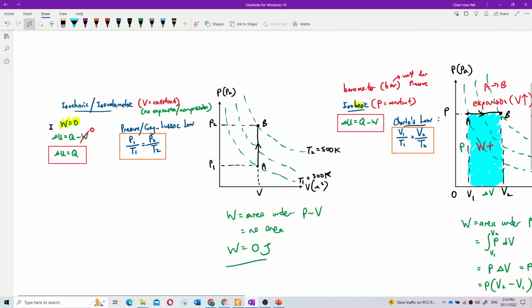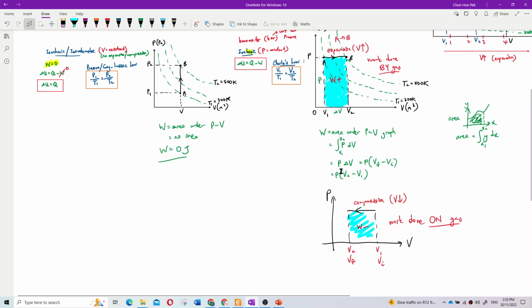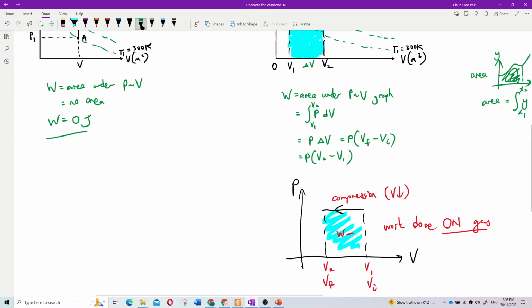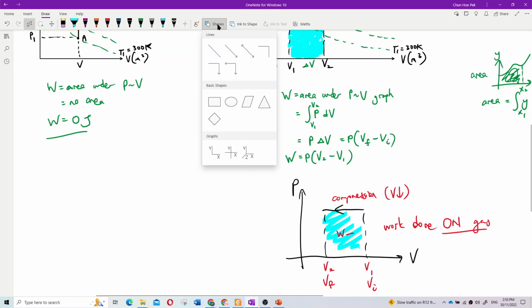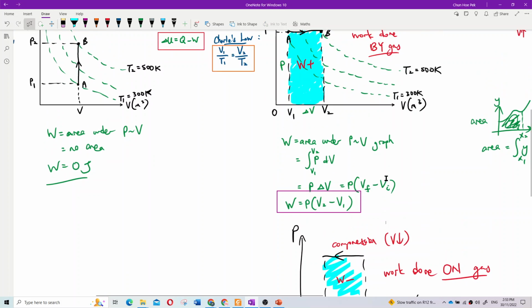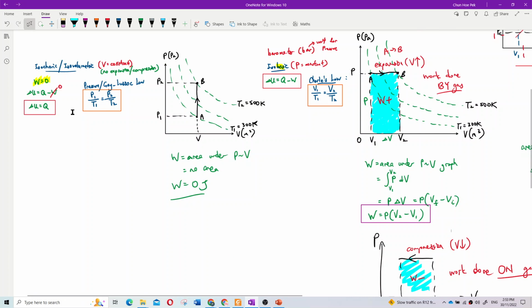Volume constant, no expansion, no compression, so work done is zero, no area. Understand? So we already got the equation for isobaric to find the work done. And for isovolumetric, work done is zero.